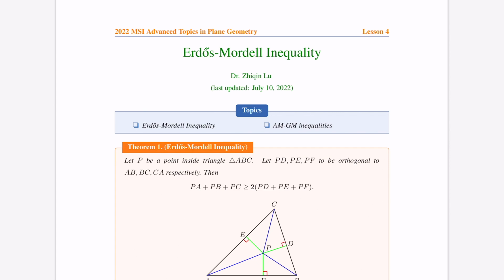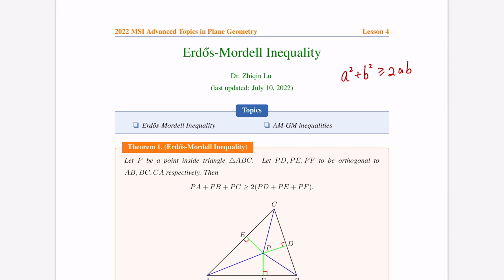It is actually related to the generalized AM-GM inequalities. And what is the AM-GM inequality? The AM-GM inequality in its prototype is a squared plus b squared is bigger than or equal to 2ab, and the equality is true if and only if a is equal to b.